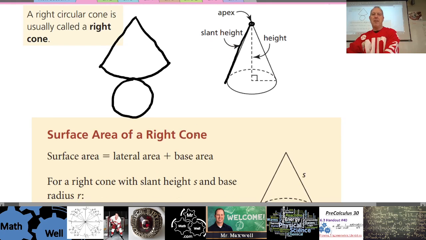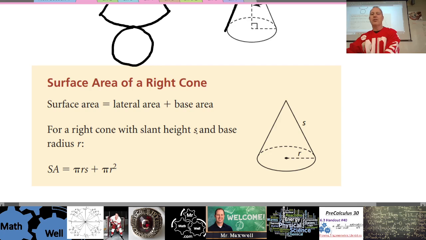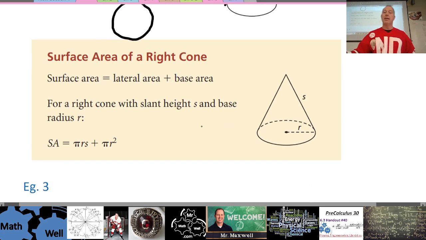So I'm not going to show you how this is calculated. I'm just going to give it to you, okay? But the lateral area, that's the wraparound part of the cone, is pi, that 3.14159 number, which is a special constant for circles, times r, the radius of the circle down at the base, times s, the slant height.